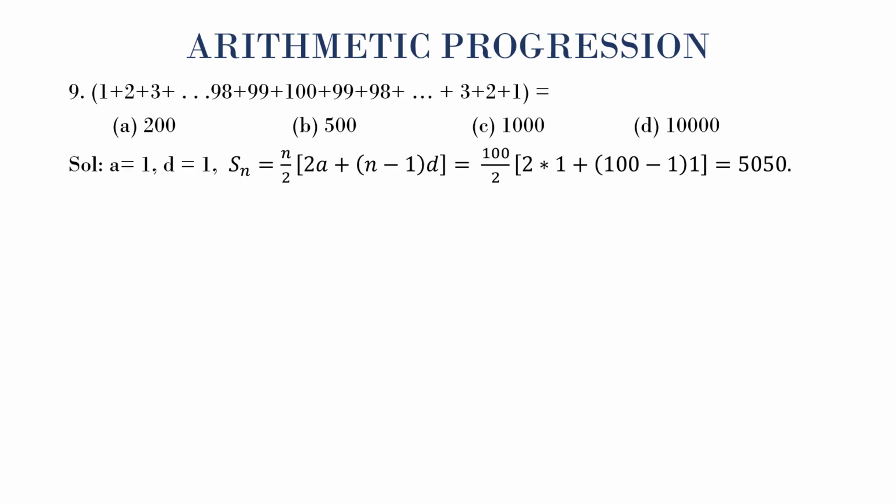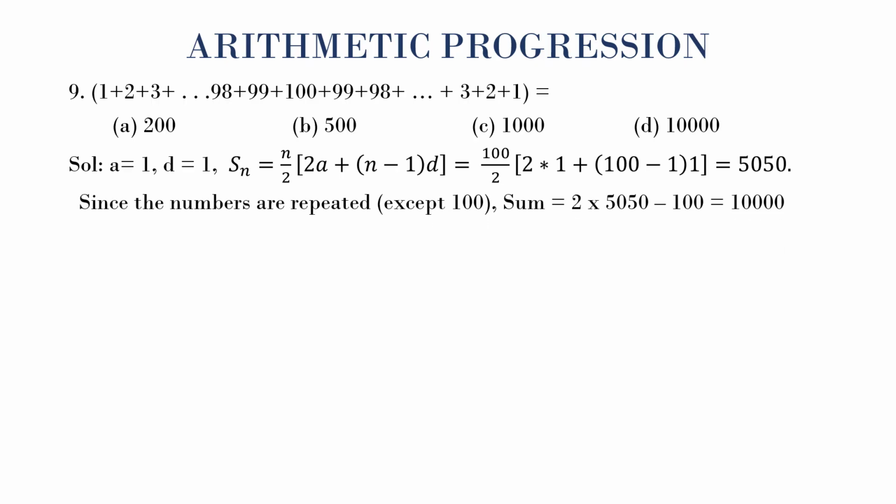For the next series, that is 99 plus 98 plus and so on plus 3 plus 2 plus 1, also be the same, but 100 is missing in that. So we can take the sum as 2 into 5050 minus 100, which is equal to 10,000. So the answer is D.